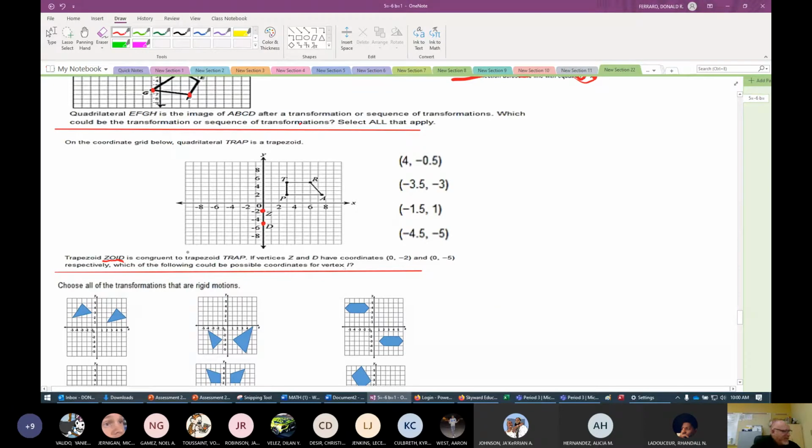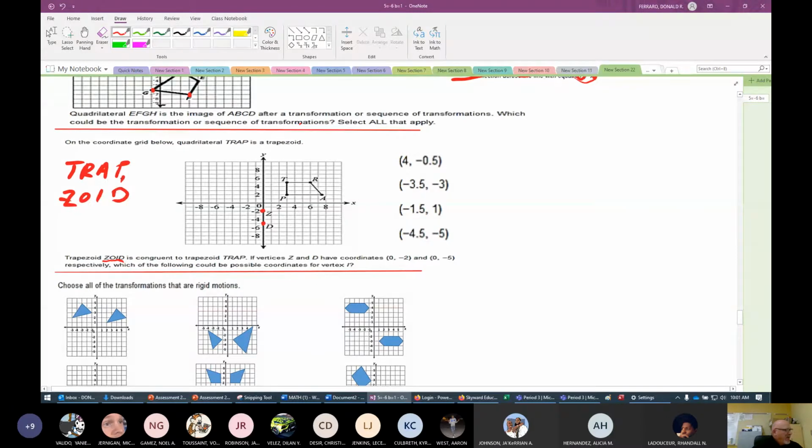So again, what's important is we've got TRAP, those are the vertices of the first one, and ZOID, Z-O-I-D.